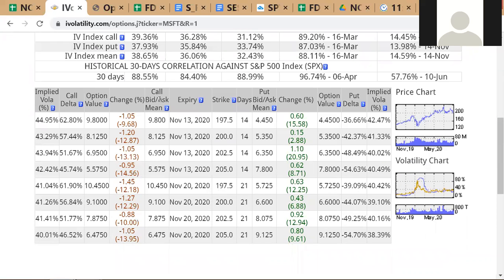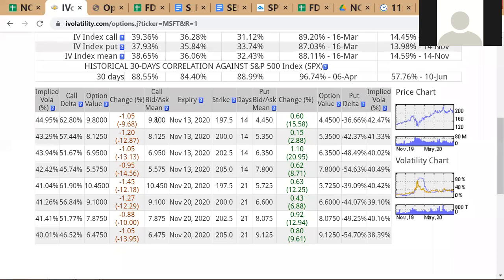The point I'm trying to convey by saying you don't need a pricing model is because these prices that you see for call options on Microsoft at different strike prices and for different maturities, here's a November 20 expiration, and this is the November 13 expiration, these prices are being determined by the interaction of buyers and sellers in the marketplace for these options.